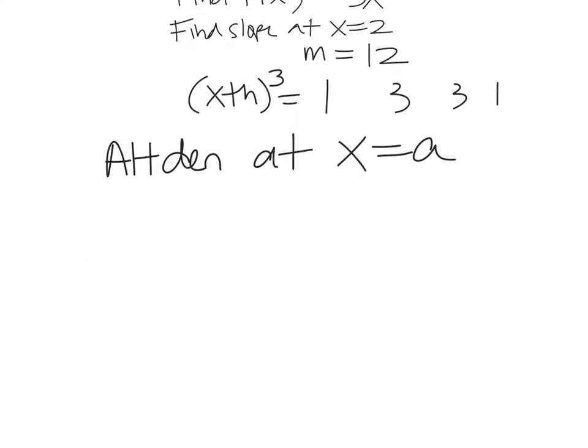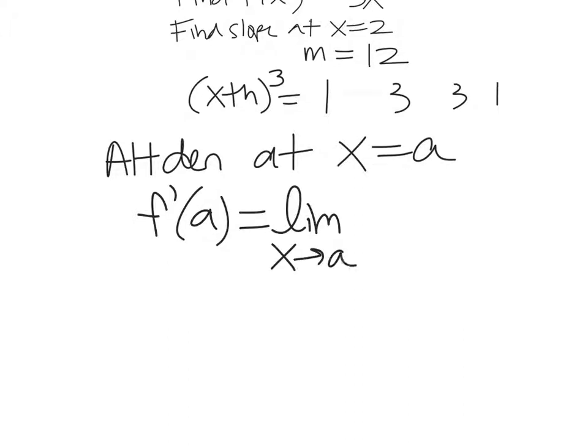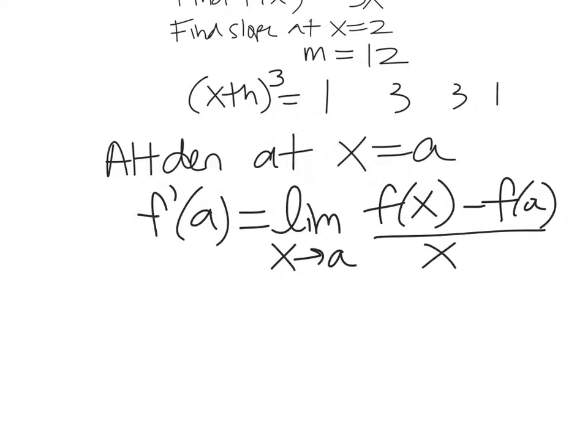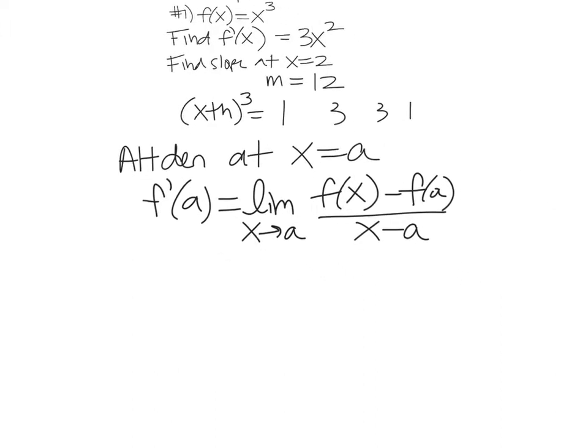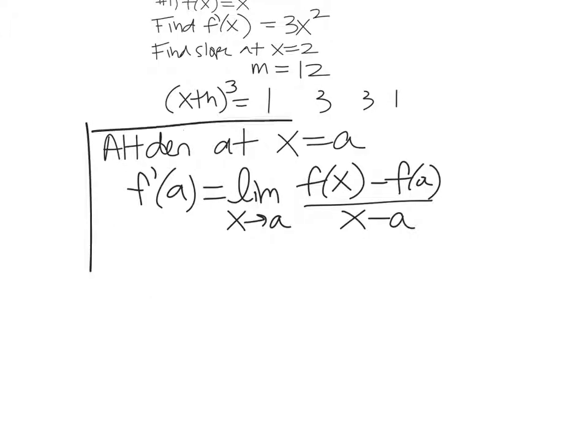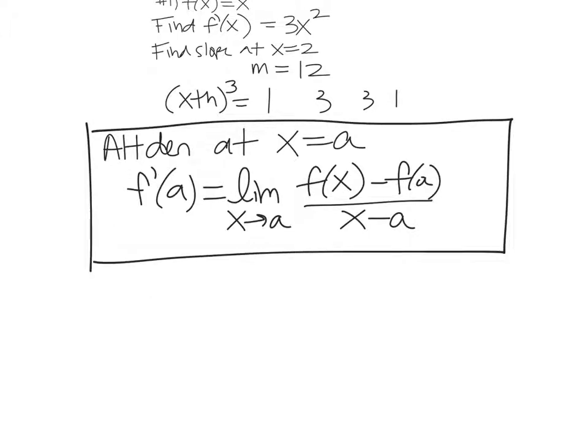So if they tell me that I need to find the derivative, or the slope, at x equals 2, then I can use this alternate definition, which says f prime of a is equal to the limit as x goes to a of f of x minus f of a all over x minus a. Okay? And I'm going to show you with that last problem how this works.